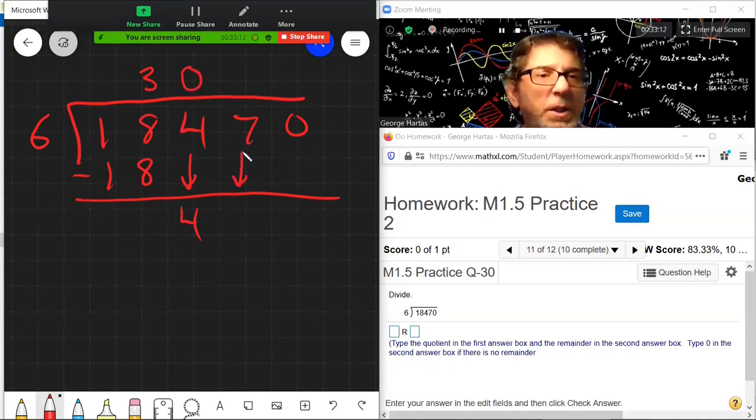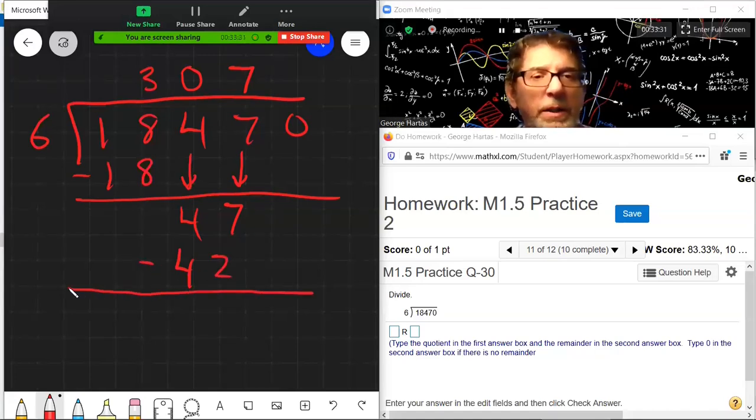Bring down the next digit. So this is now a 47. 6 divides into 47 7 times, because 7 times 6 is 42. Subtract. Difference is 5. Bring down the last digit.